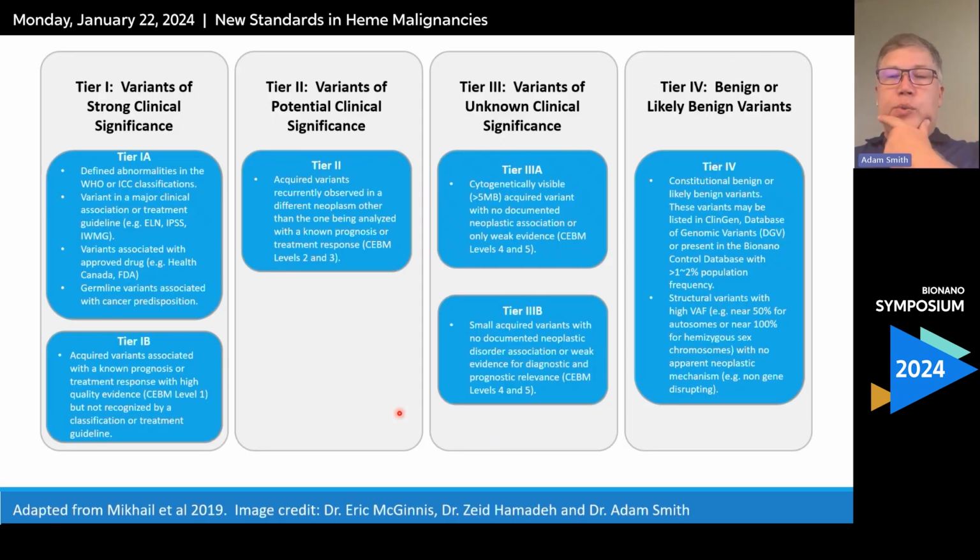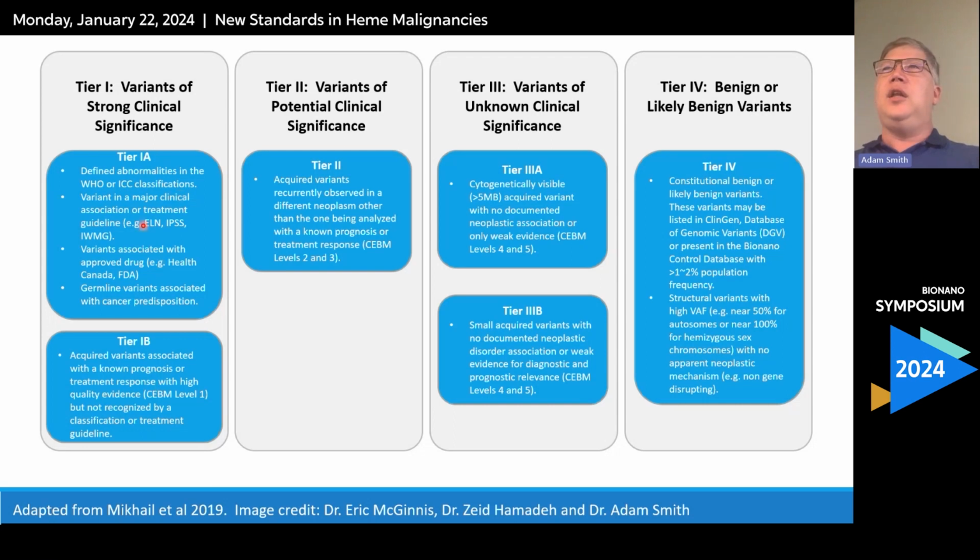And so, of course, we also have proposed the tiering of variants, as was originally proposed for microarray analysis in the McHale et al. 2019 paper. We've made some slight adaptations for OGM, including defining exactly what we're going to be counting in terms of assessing genome complexity.